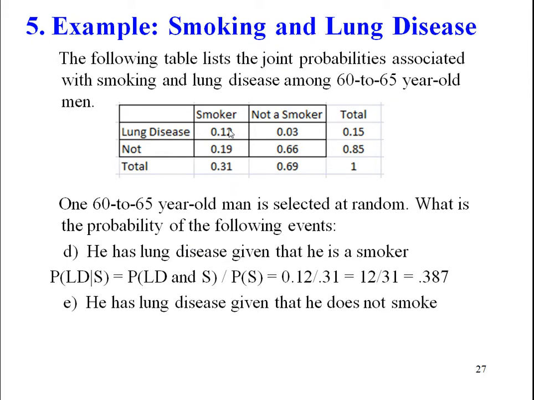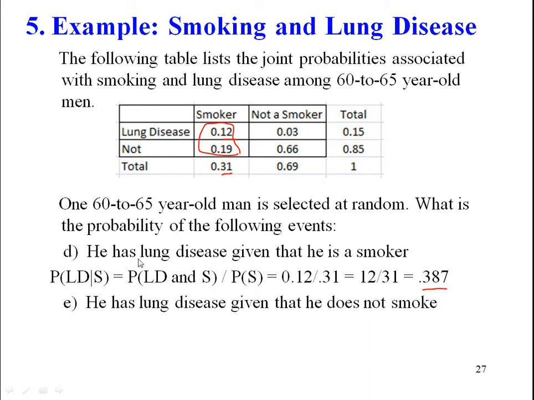We're just in this reduced sample space, right? Just in the smokers, okay? So that's our reduced sample space. So lung disease, and you can leave this as 100 people. There's 12 who have lung disease out of 31. So it's just 0.12 over 0.31, or 12 over 31, which is about 39%.